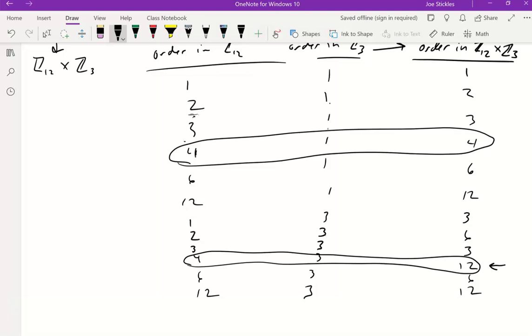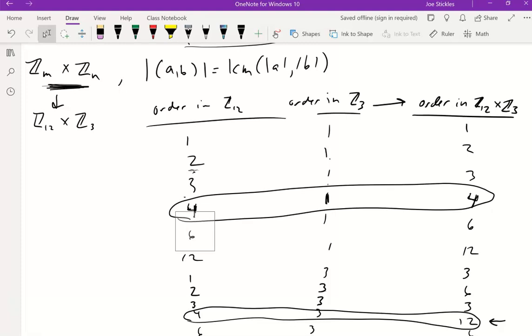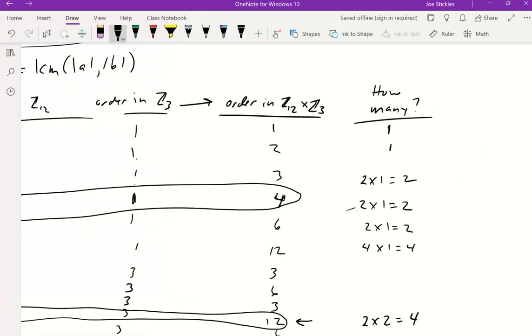One I just circled up there: I can take an element of order 4, pair it with an element of order 1, and that gives me an element of order 4, because that's the least common multiple of 4 and 1. Right? How many elements of order 4 are there in Z12? Well, there's 2, right? Yeah, okay. There's 2 elements of order 4 in Z12. There's 1 element of order 1 in any group, but in Z3 in particular. So that's where this computation is coming from.